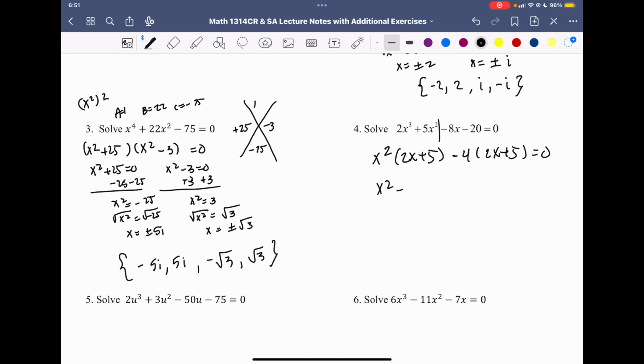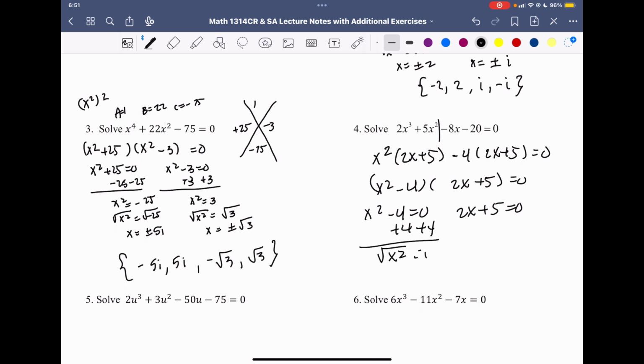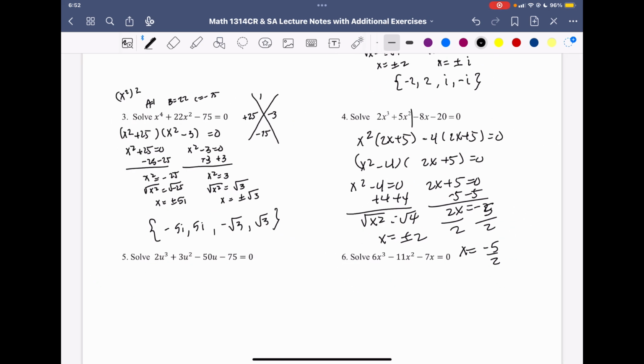So then I get x squared minus 4 times 2x plus 5 equals 0. x squared minus 4 equals 0. 2x plus 5 equals 0. Add 4, take the square root. x equals positive negative 2. Minus 5, and then divide by 2. So x equals negative 5 halves. So altogether on this one, it's negative 2, 2, and negative 5 halves.